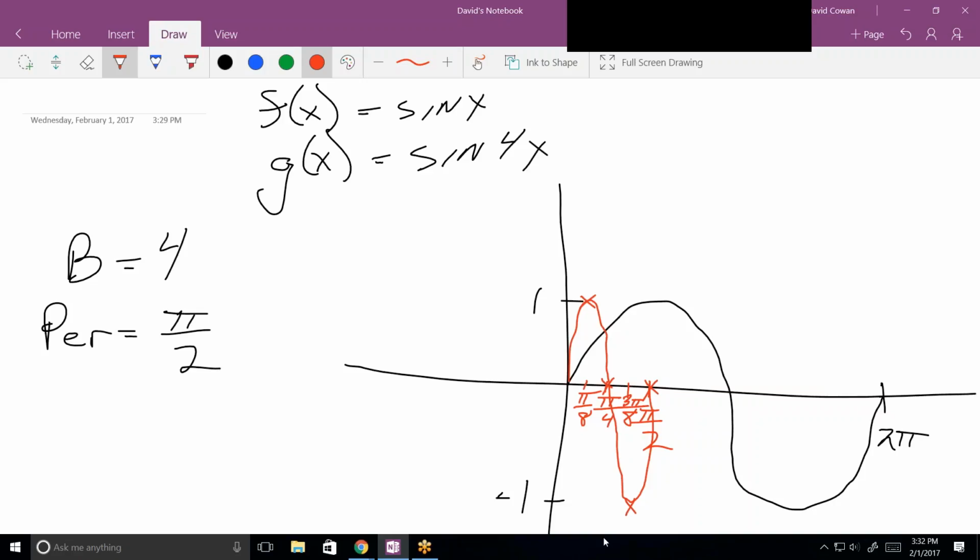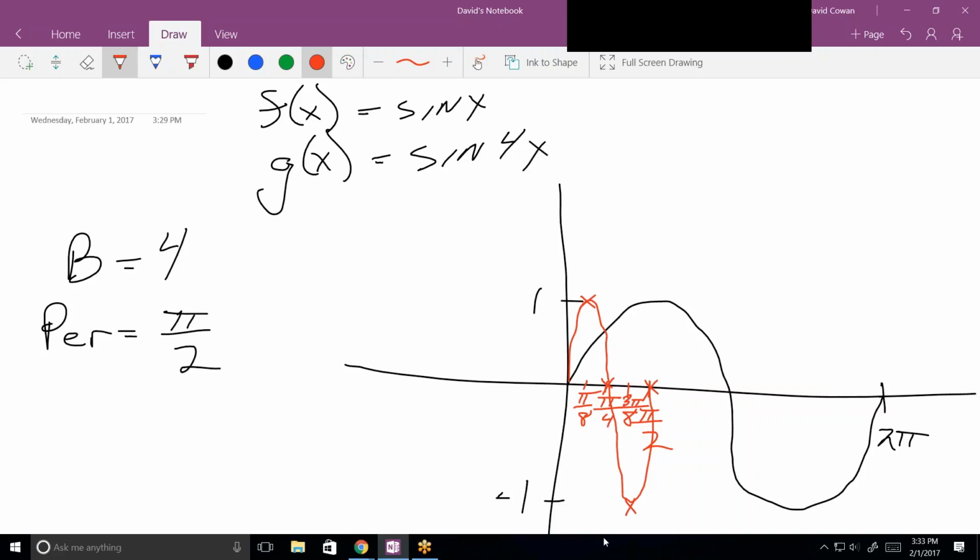And notice what else? That is a horizontal squeeze by a factor of 4, is it not? In other words, if you knew nothing about sinusoid functions, but you knew about transformations of polynomials, that's what you would say, that's a horizontal squeeze. Sine of 4x is a horizontal squeeze, and that's exactly what happened.